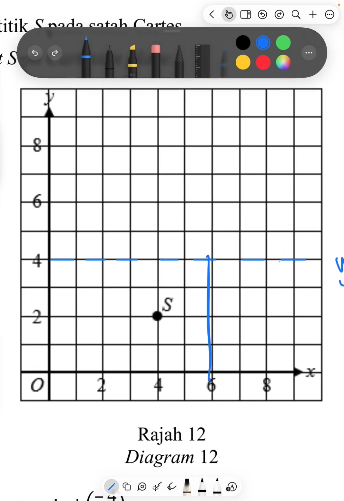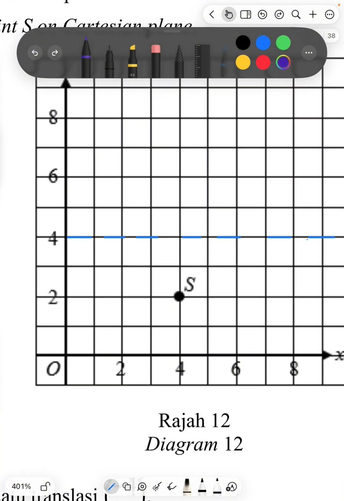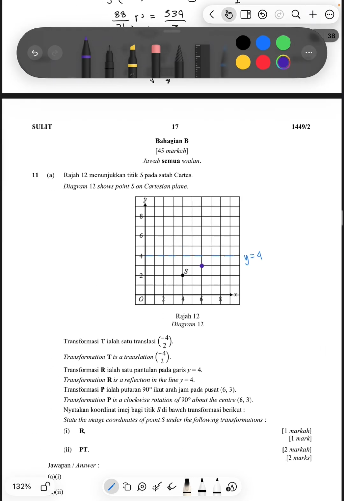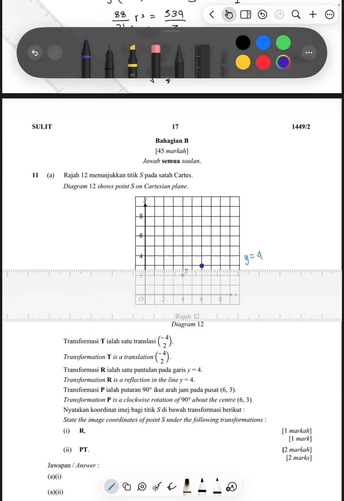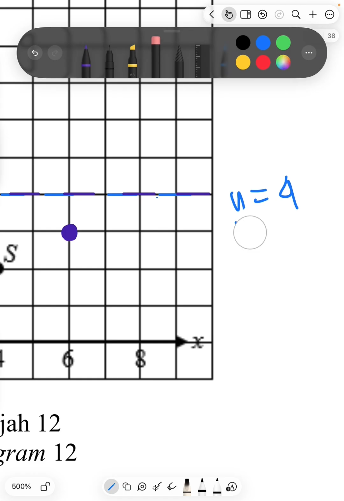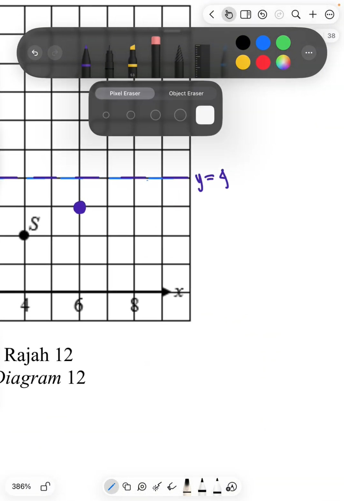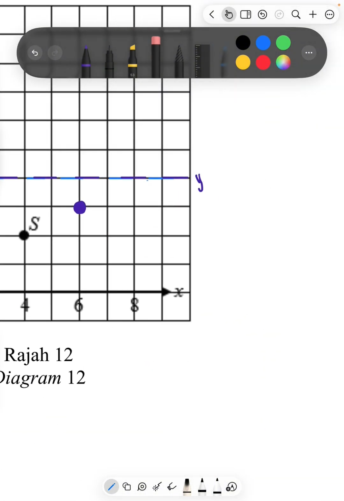Okay, so I'm going to use a different color, purple. So this is the center, (6, 3). Wait, that's not a bold color. The black is making the blue fade. Y equals 4. Okay.